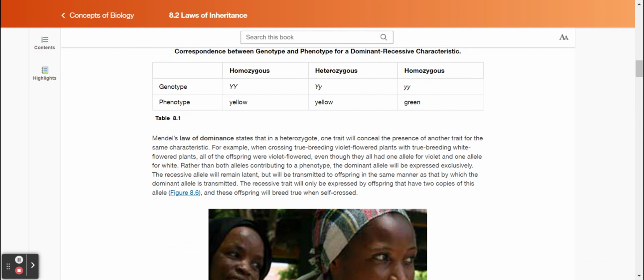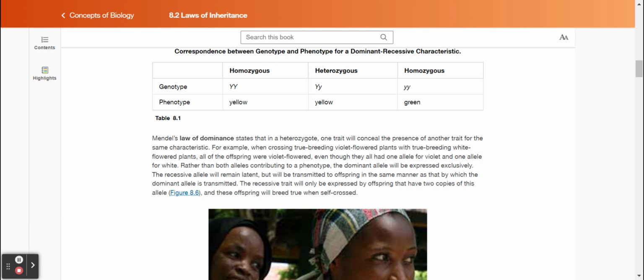Mendel's law of dominance states that in a heterozygote, one trait will conceal the presence of another trait for the same characteristic. For example, when crossing true breeding violet-flowered plants with true breeding white-flowered plants, all of the offspring were violet-flowered, even though they all had one allele for violet and one allele for white.